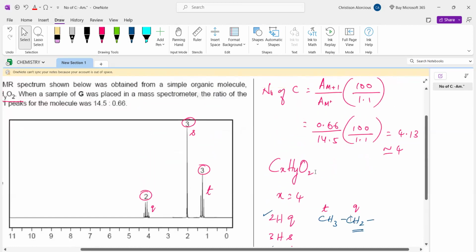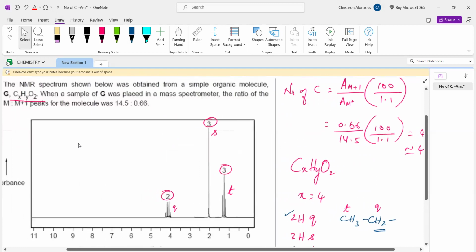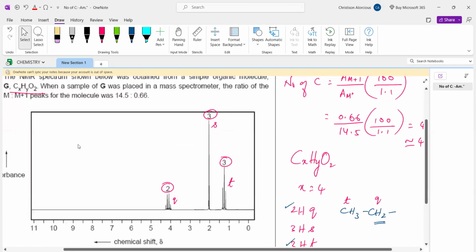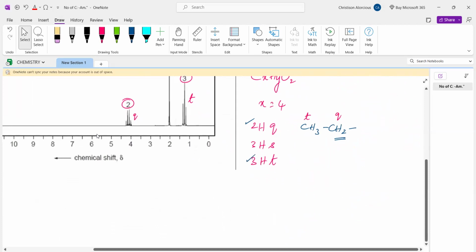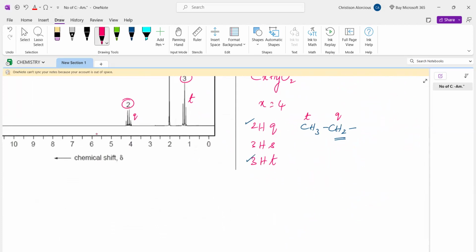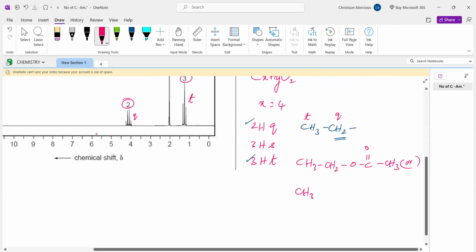So a 2 hydrogen quartet and a 3 hydrogen triplet is usually CH3CH2. There are 2 oxygens, 4 carbons. Now this is 2 carbons, and there are 2 oxygens. So the only options I see are CH3CH2-O-C double bond O-CH3, or the other option, CH3CH2-C double bond O-OCH3.